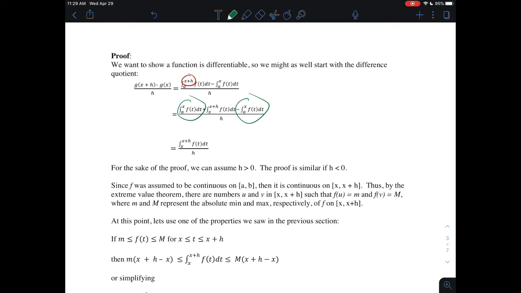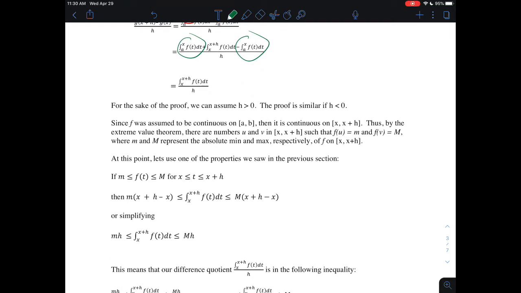Thus, by the extreme value theorem, there are numbers u and v in that small interval x to x plus h, such that f of u is equal to m and f of v is equal to capital M, where lowercase m and capital M represent the absolute min and max, respectively, of the function f on the closed interval x to x plus h. So that's an old fact, but now we're going to take advantage of that fact. So at this point, let's use one of the properties that we saw in just the previous section.